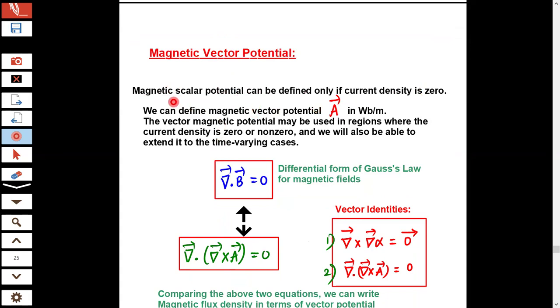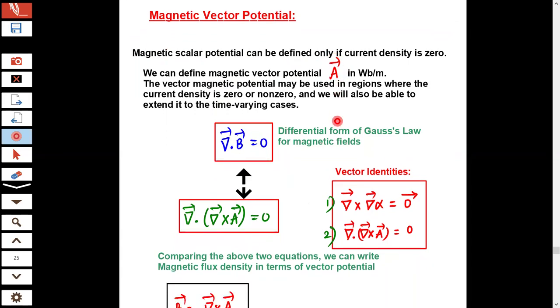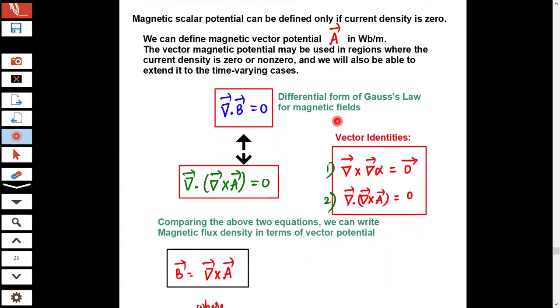Hence, we are moving to a vector representation of the potential instead of a scalar potential. Let us consider the vector potential as vector A, and we should check this A vector, whether it is zero or non-zero, with respect to any magnetic field law we are going to verify.